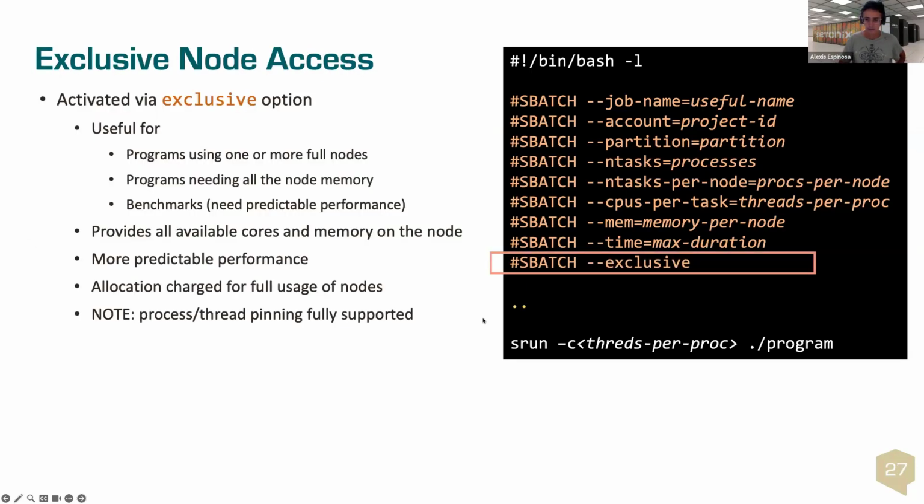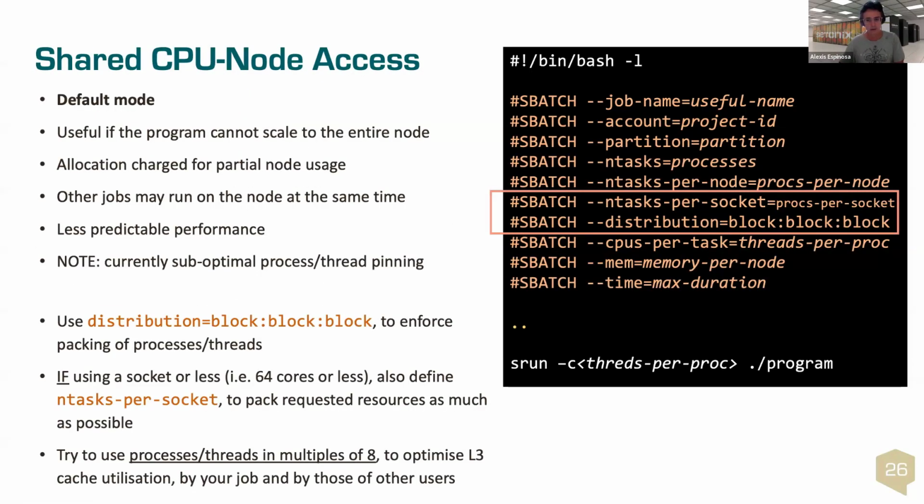And if you don't need whole nodes for your job, you basically use the normal approach, but these two extra options are best practice that we are suggesting, especially the distribution block thing. So the point is, I'm just giving you the formula without explaining too much what that means.